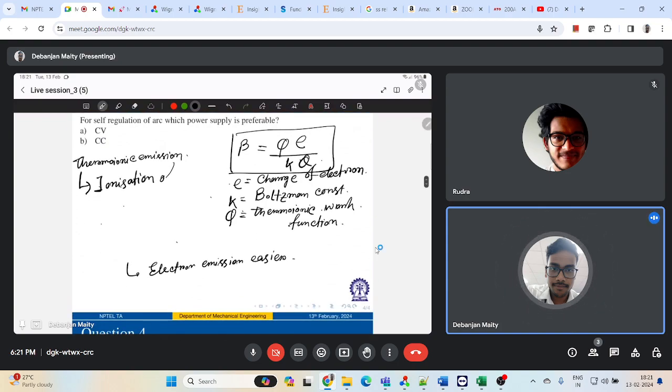So ionization of the arc gap, what will that result in? That will result in collision of electrons, both primary and secondary, right?